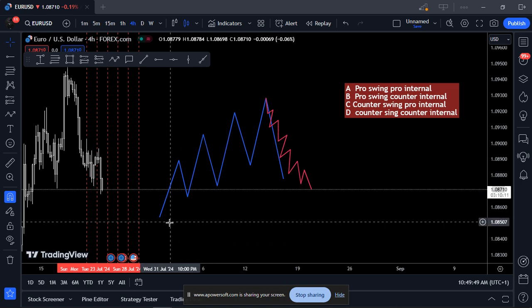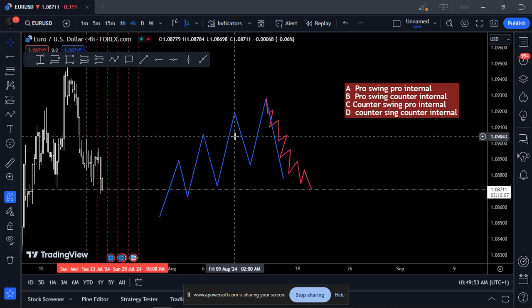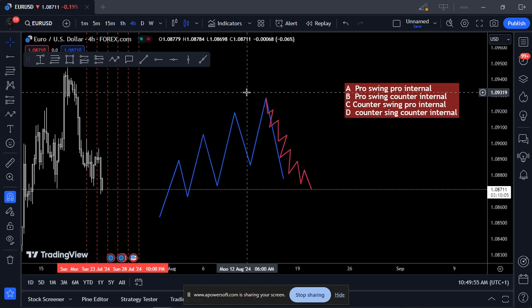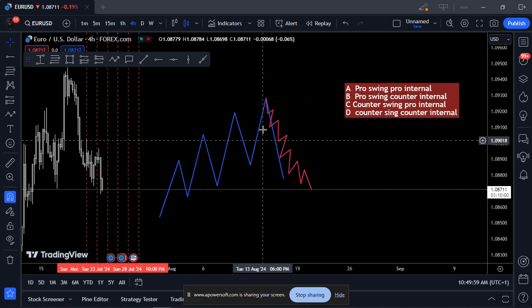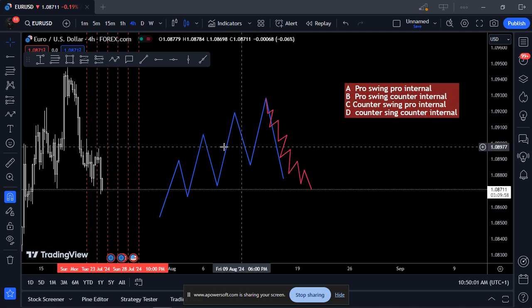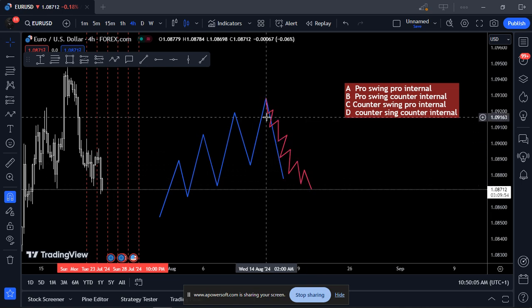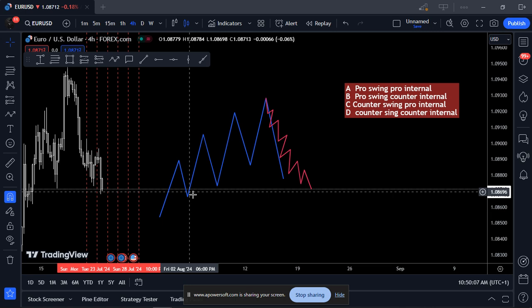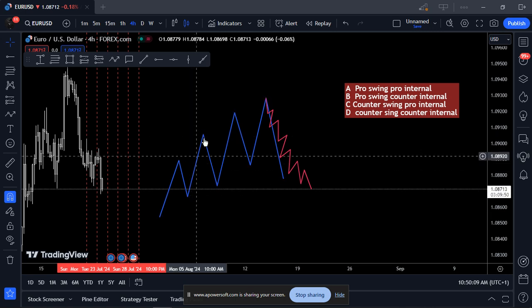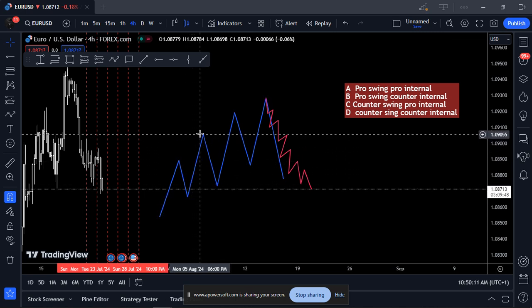Yes. Pro swing means in the direction of the swing, the whole thing, the direction of the higher time frame, the huge swing. While internal is the direction of the lower time frame. You see, because this move here will be a lower time frame uptrend.